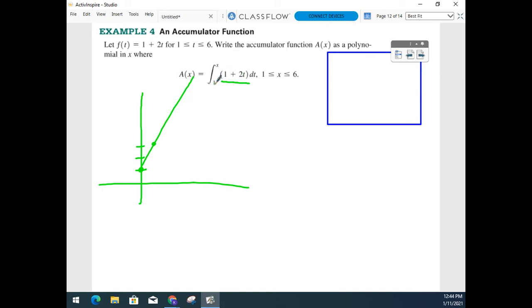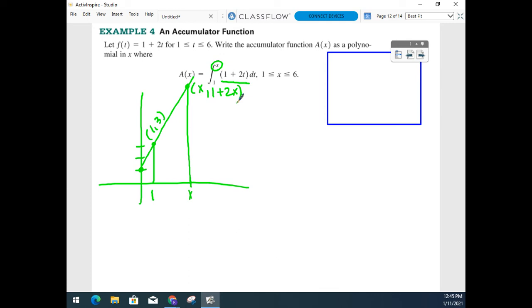And we want to go from 1, and notice this point here, that's 1, 3. We're going to go up till we get to some x value. So if we draw this coordinate point, it would be x, and 1 plus 2x would be the y coordinate.